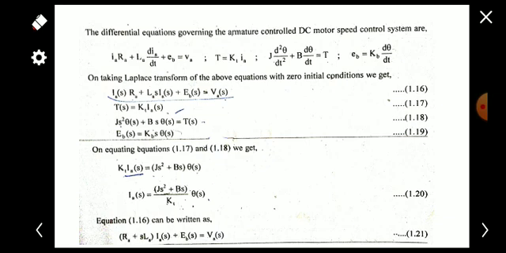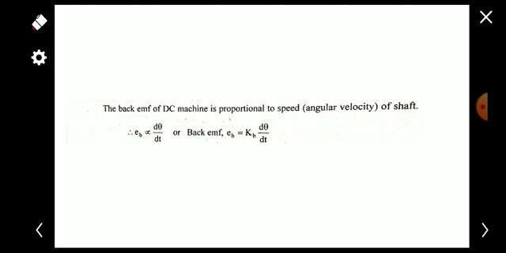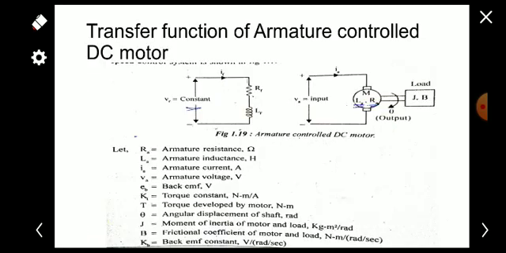So here the input is the applied armature voltage Va(s), and the output, normally a mechanical quantity, we are taking as the angular displacement theta. So we have to obtain theta(s) by Va(s) as our transfer function.